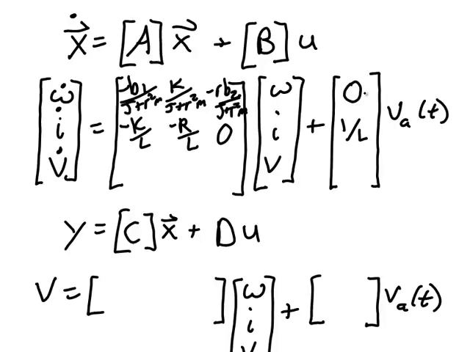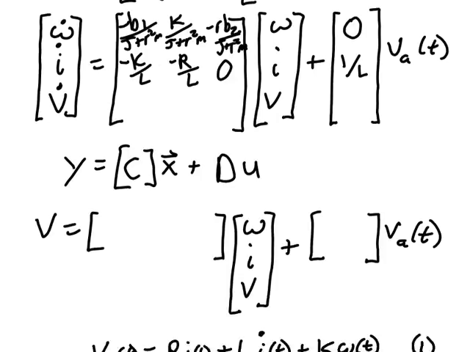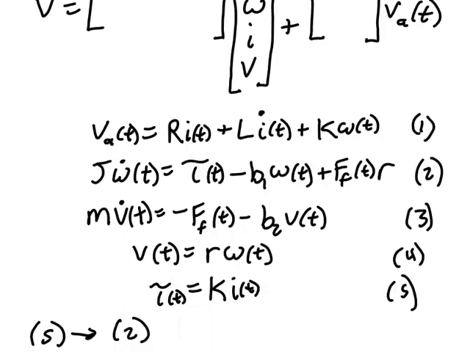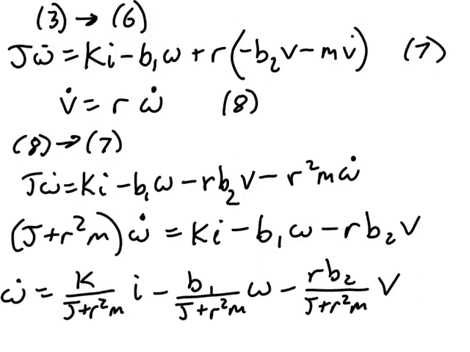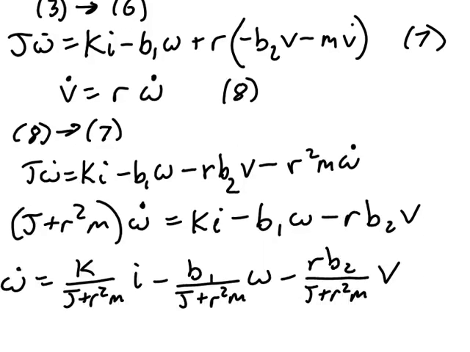Now, I still need an equation for v dot in terms of my state variables. So let's go back and look at our equations and see what I can do here. In order to find my equation for omega dot, I used equation 8 to substitute in for v dot.